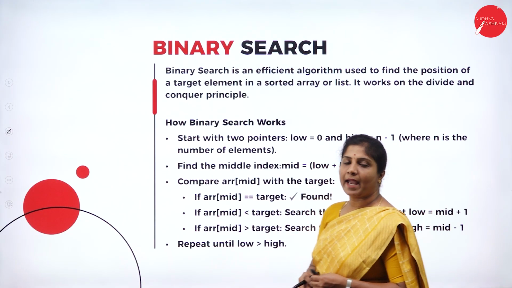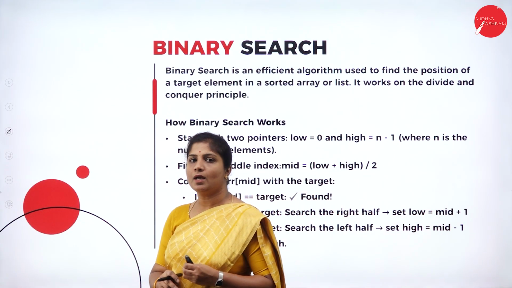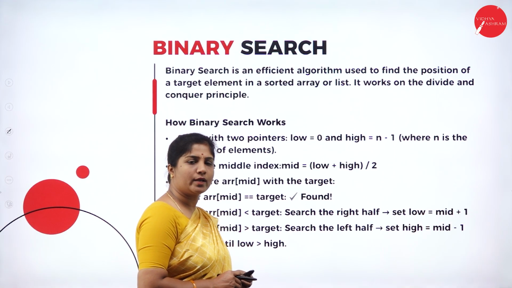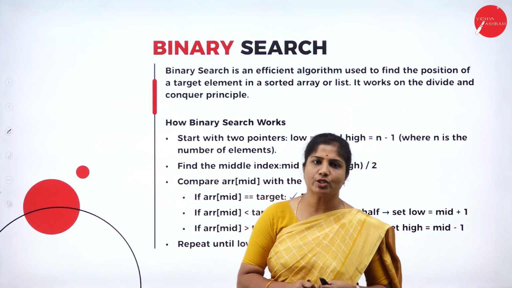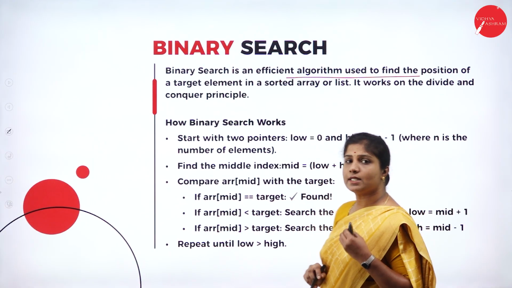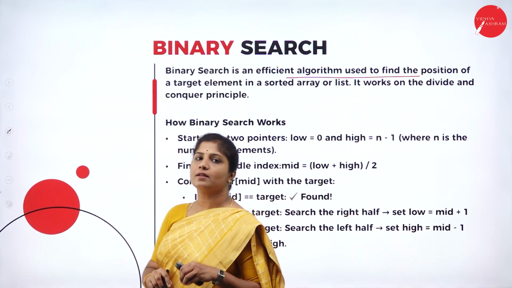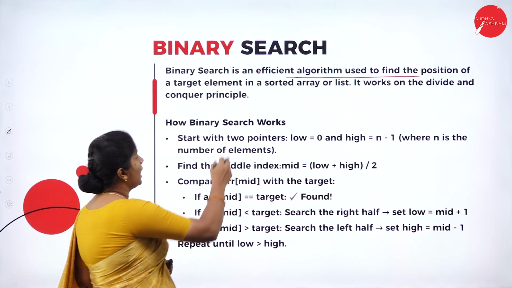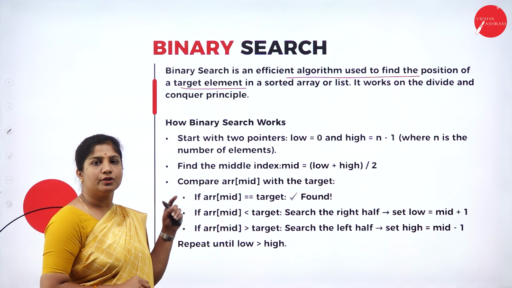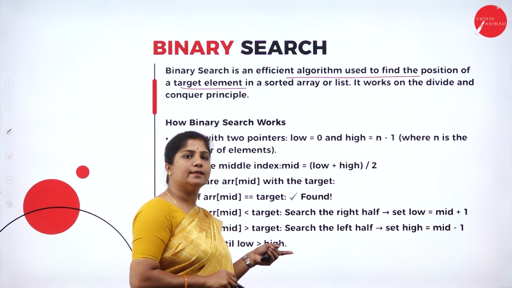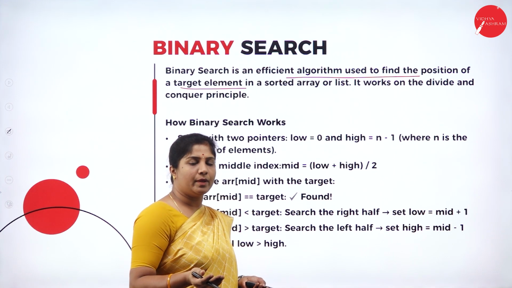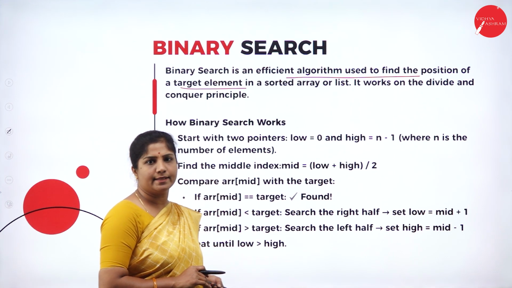Next, we have binary search. This is going to use the divide and conquer technique. So how are we going to use it in binary search? It is an efficient algorithm used to find the position of an element, that is the target element, in a sorted list. For binary search, we need to provide a sorted list only, whether it is in increasing or decreasing order.